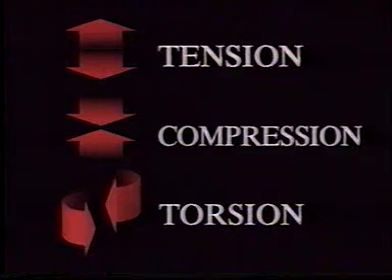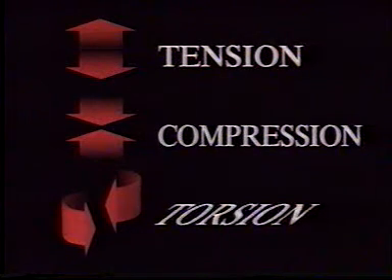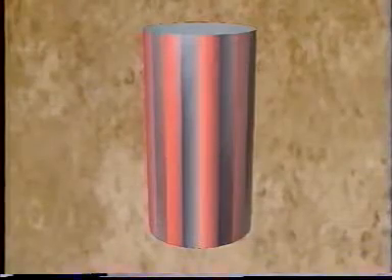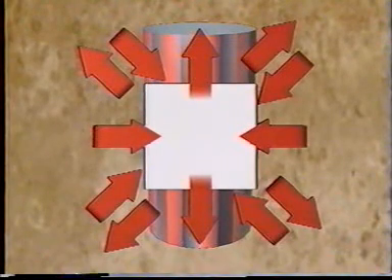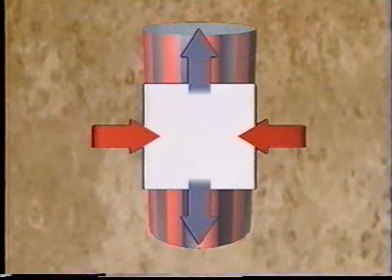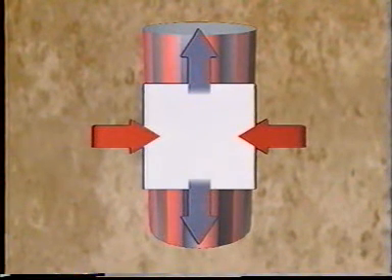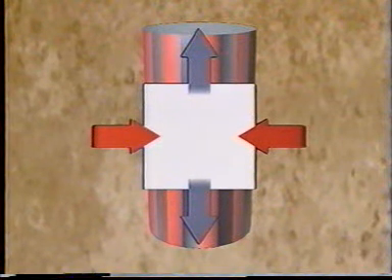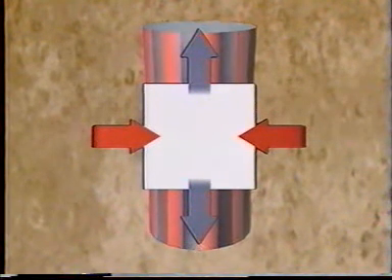One way to simplify the study of stress systems is by the examination of free body diagrams. A basic free body diagram pictures all three stress systems as they might appear in a cylindrical part. In tension, the shaft is pulled at both ends. The free body diagram is arranged with the tensile arrows in the direction of the tensile stress.